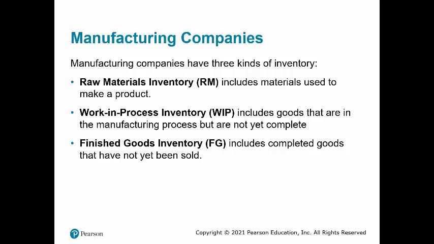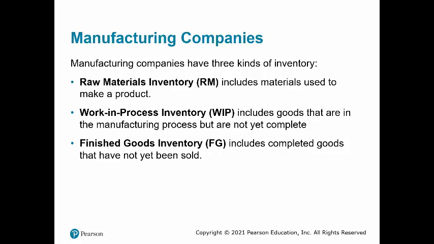First, they're going to have their raw materials inventory, which represents the raw materials that they have purchased prior to putting those into the manufacturing process. Once those materials have been put into the manufacturing process, you begin to add labor and use equipment and other supplies as well as the facility, and those costs go into what we call work in process inventory.